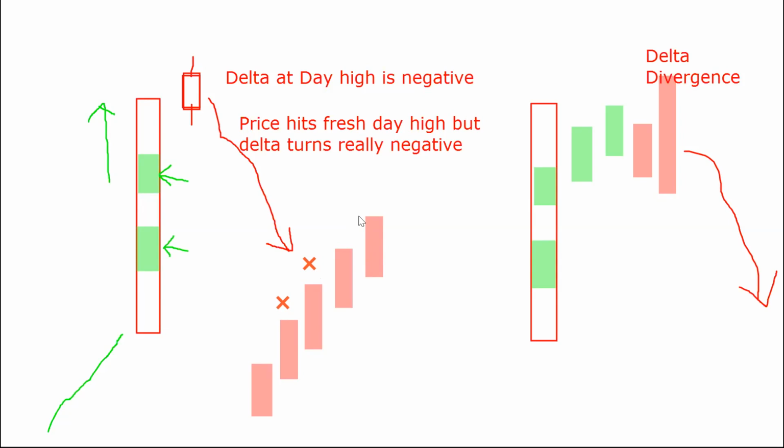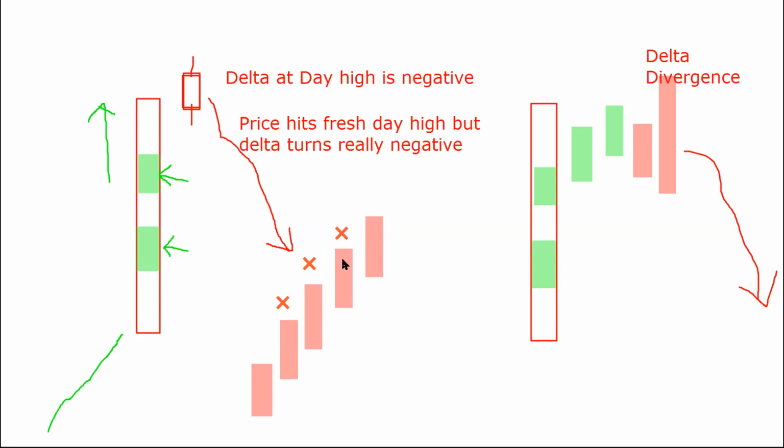So typically, those are the zones. Don't try to play the delta divergence alone. You'll get at least 3 or 4 in a day on a trend day like this. There are many cases where the price will be moving up but delta will be negative. That's kind of absorption that might be happening over there.